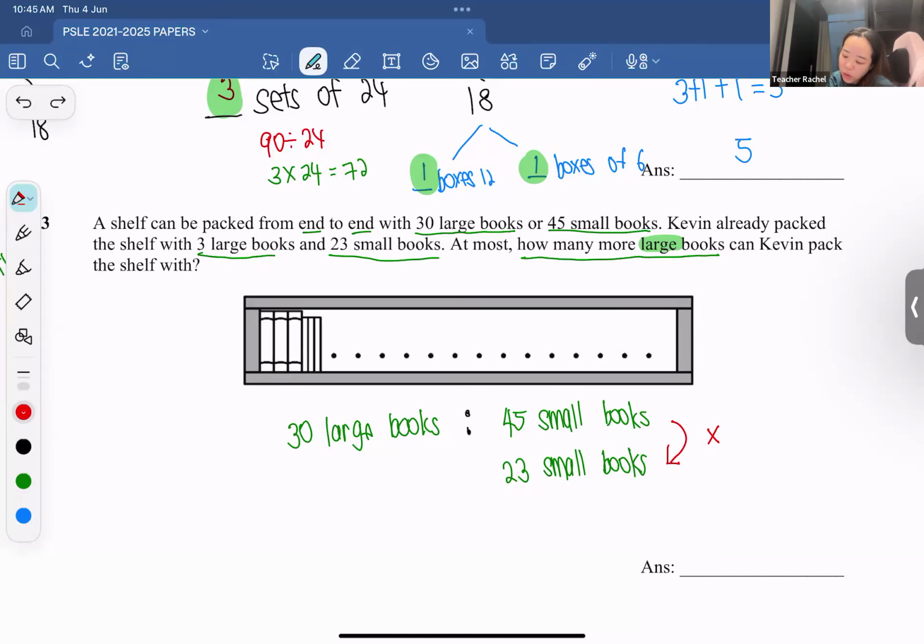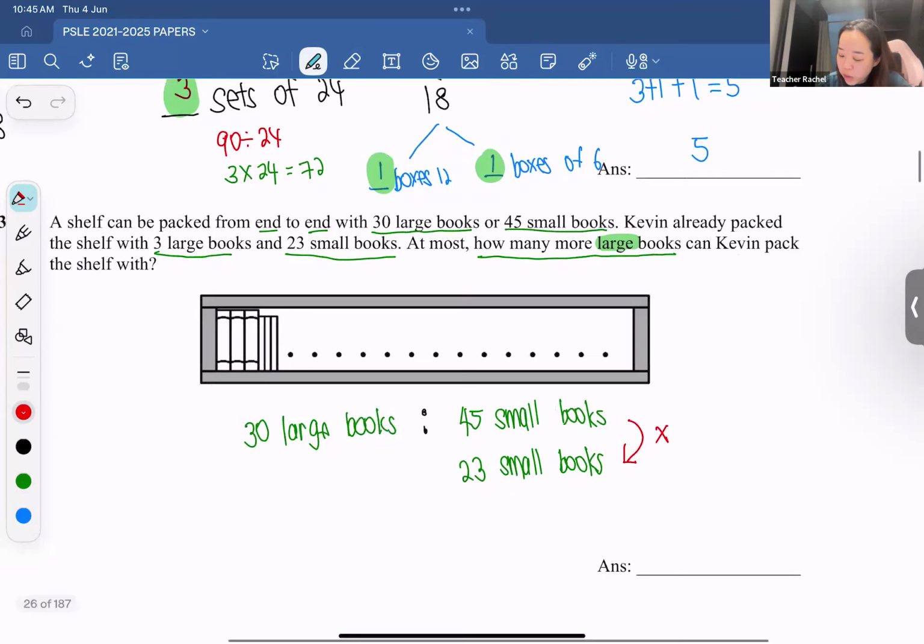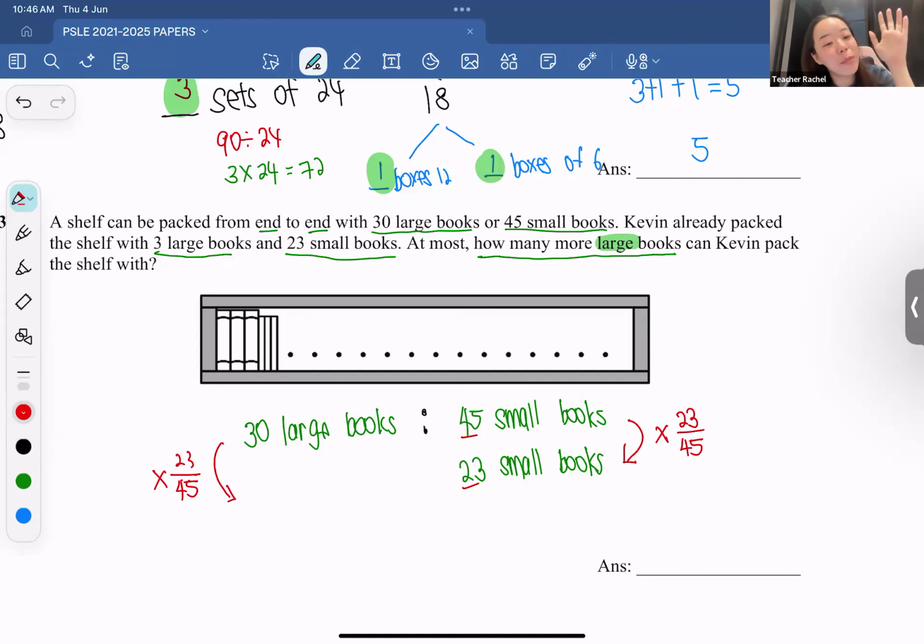It's from big to small, so actually multiply or divide also can. You just need to take 23 divided by 45. Correct. You press your calculator, 23 divided by 45, you get 23 over 45, which means both sides I multiply by 23 over 45. Because if I take 45 and multiply by 23 over 45, I will get 23.